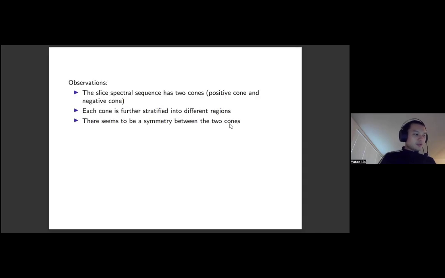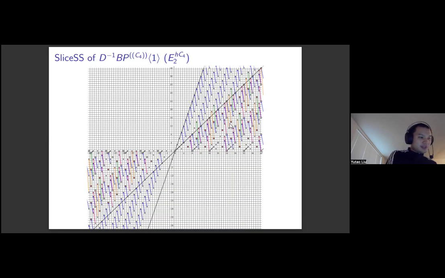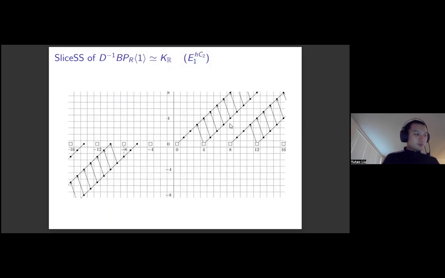And moreover, there seems to be a kind of symmetry between the two cones. It's quite obvious from this graph, since the negative cone seems to be just the positive cone rotated by 180 degrees. In the previous example, it's not quite clear, but there's also some kind of symmetry between the two cones; you can see the differentials are quite similar to each other.